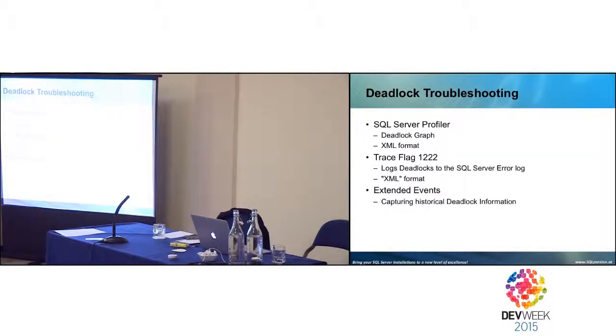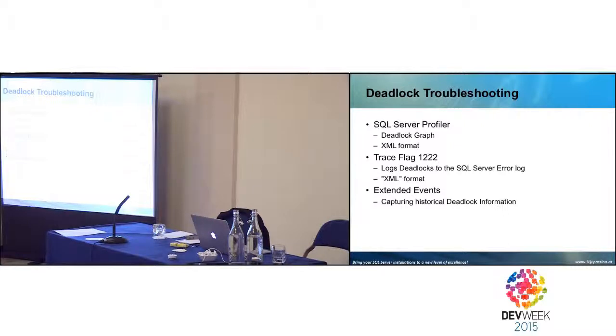How can we troubleshoot deadlocks in SQL Server? We have multiple ways. SQL Server Profiler provides us an event called deadlock graph, and that event returns us a deadlock graph. The deadlock graph itself is just an XML document, and that XML document describes between which processes the deadlock occurred and between which resources.